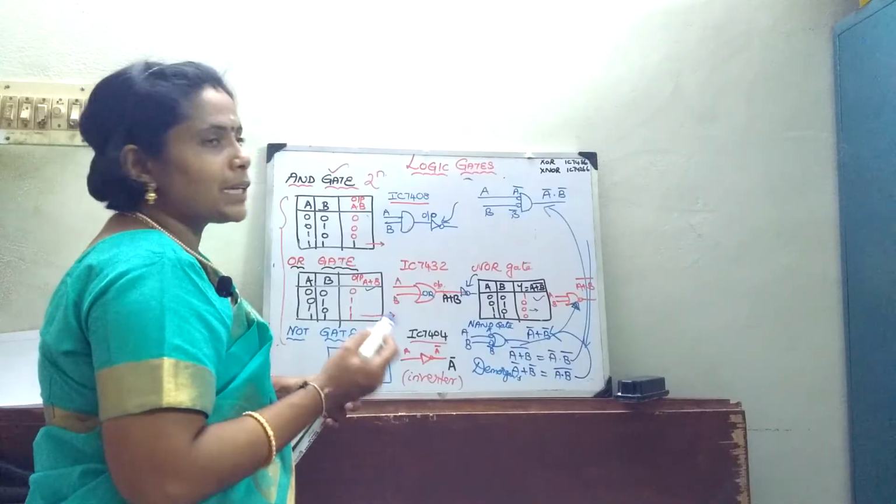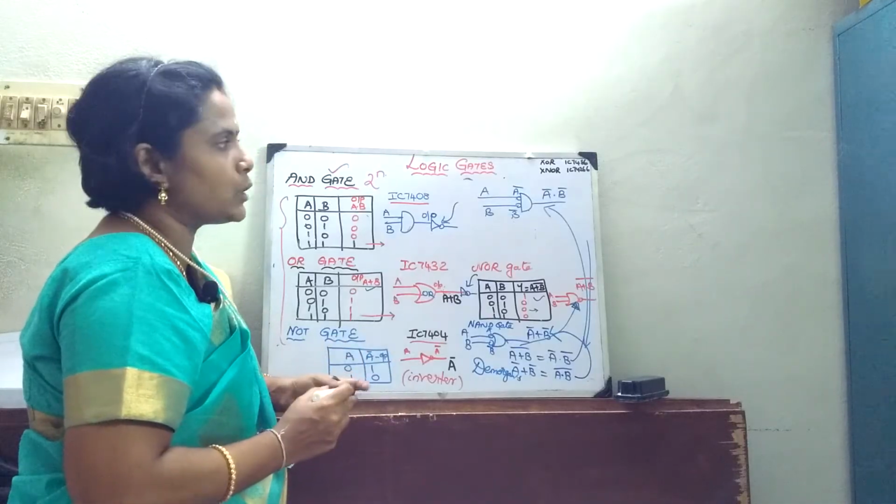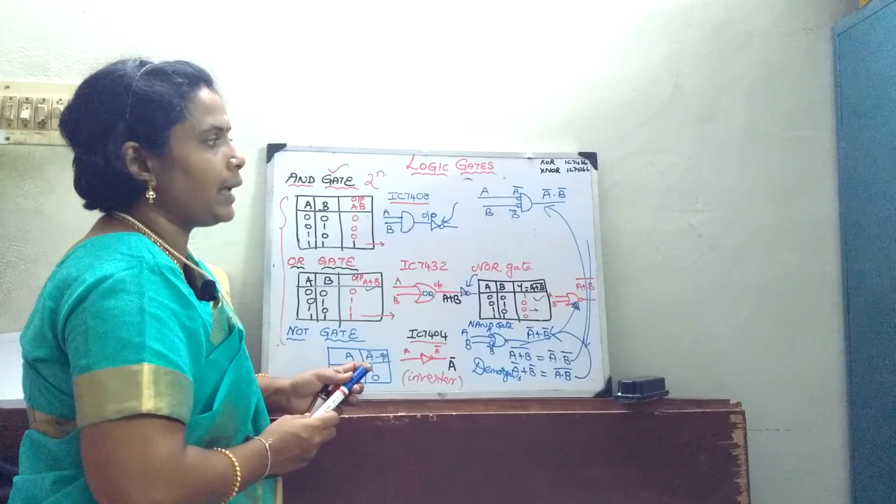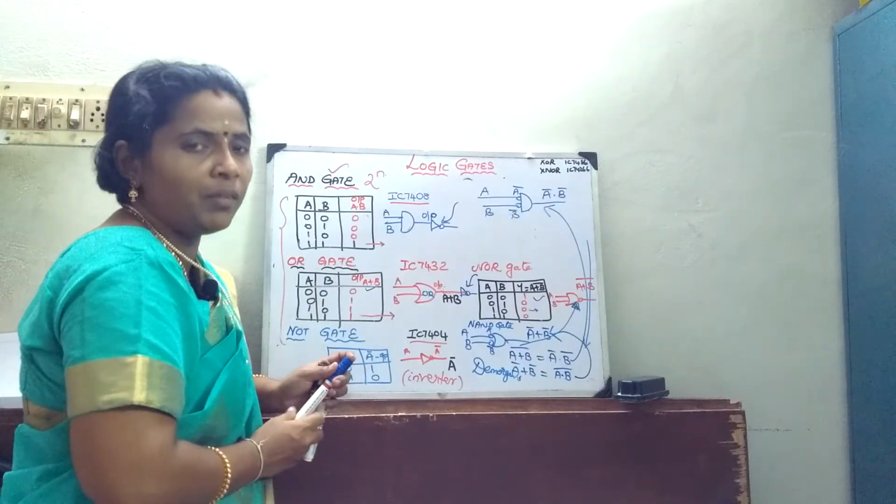Now we will see two more gates which are available, that is your XOR gate, or exclusive OR gate, and XNOR gate, that is exclusive NOR gate.